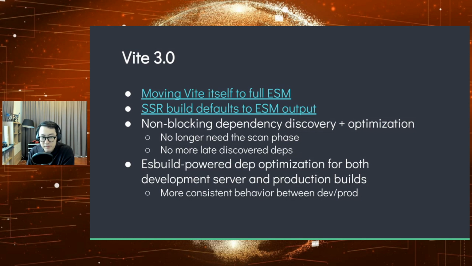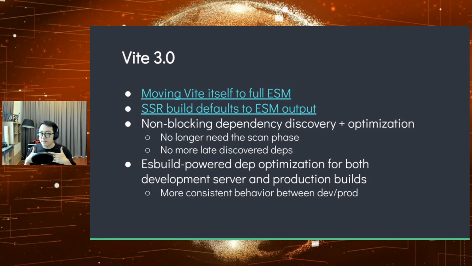Another important optimization is the non-blocking dependency discovery and optimization. If you've used Vite, Vite tries to scan your code base to look for dependencies and then uses ESBuild to pre-optimize those dependencies. It's one of the reasons that we can start up so fast despite having huge dependencies. But the initial implementation comes with two limitations.